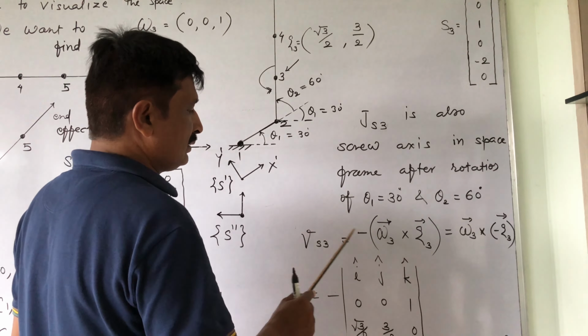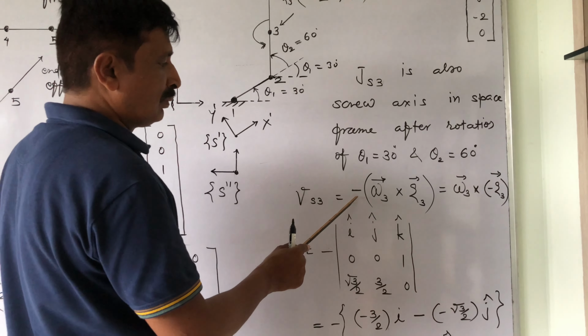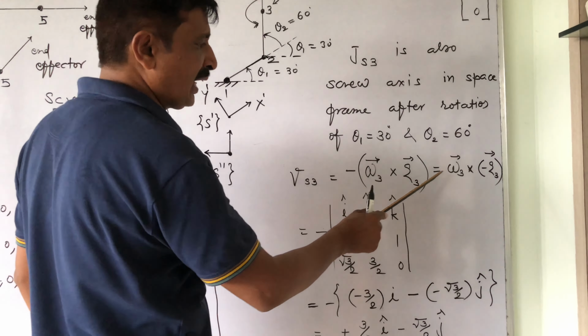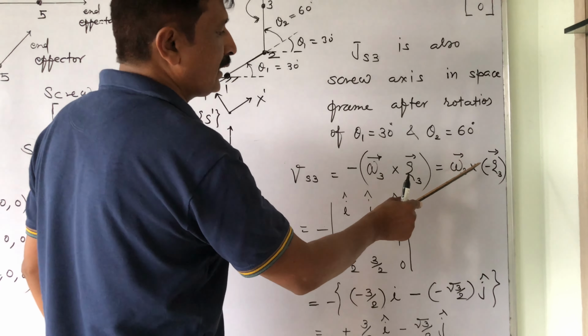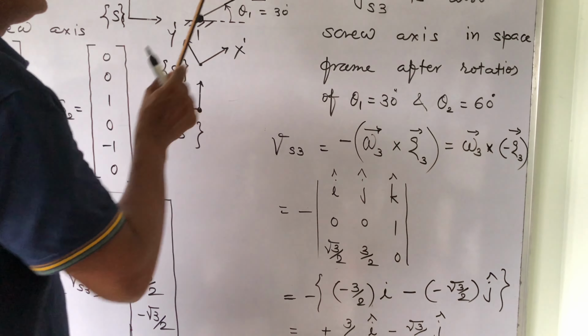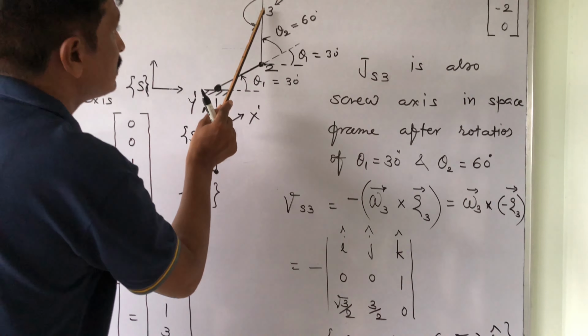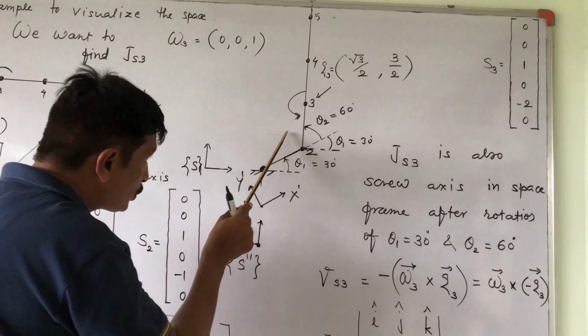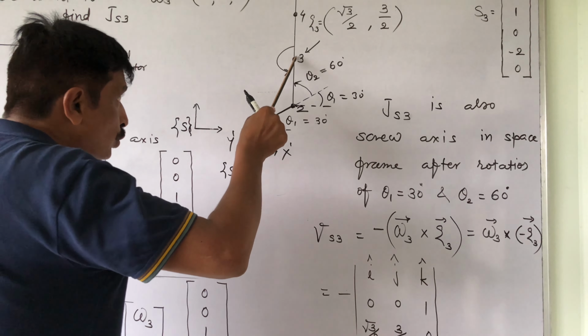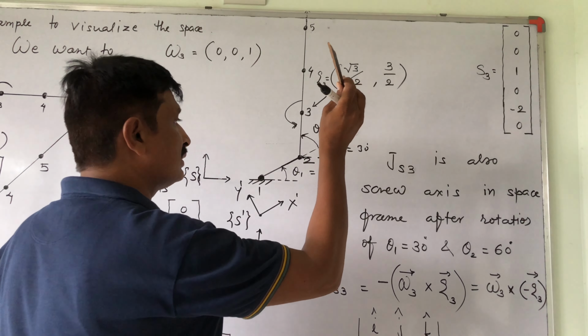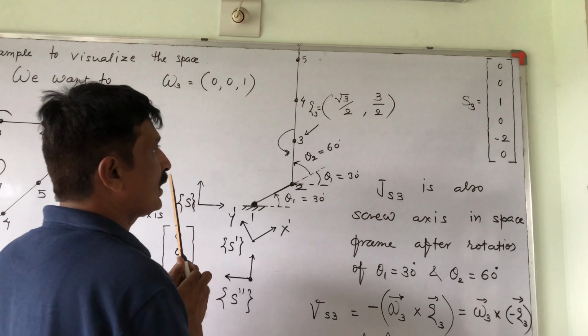So for Vs3, it is minus omega 3 cross q3, actually omega 3 cross of minus q3. This one is q3, the arrow here, but minus q3 is this. Omega 3 is in the z direction, because we are rotating this way.